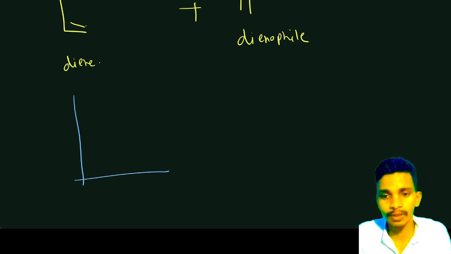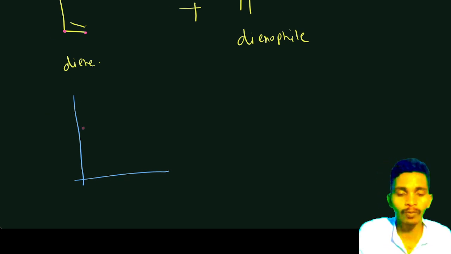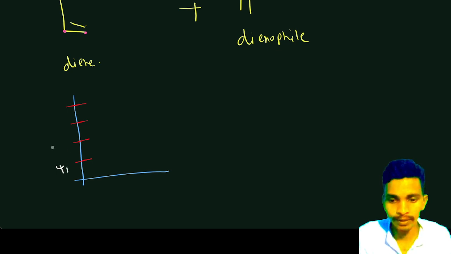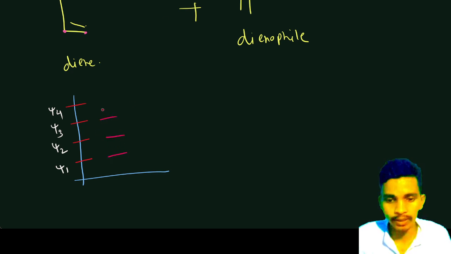Count the number of carbon atoms: 1, 2, 3 and 4. So 4 carbon atoms means 4 energy levels. Let's say this is site 1, site 2, site 3 and site 4, and the energy levels are 1, 2, 3 and 4.